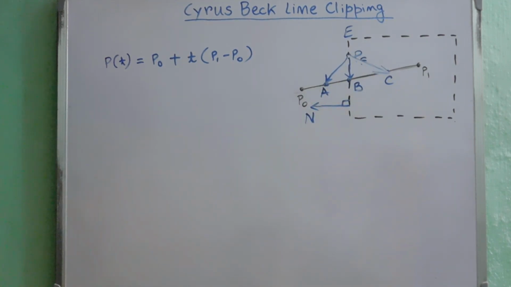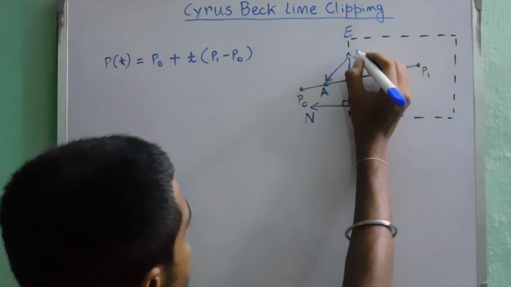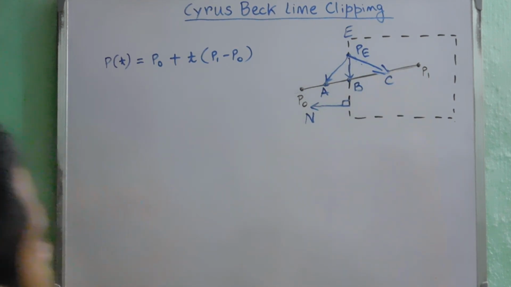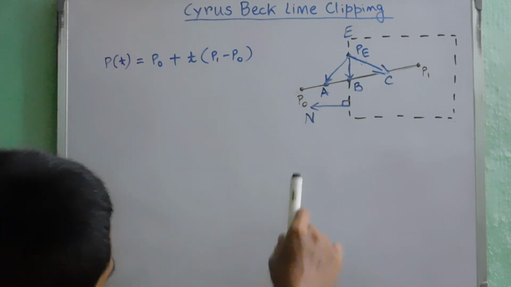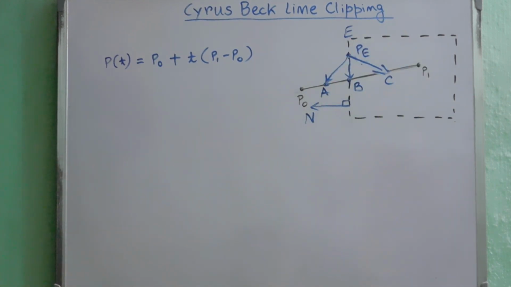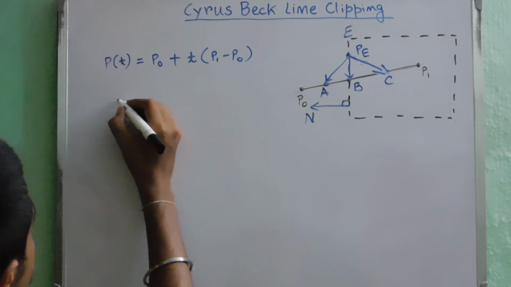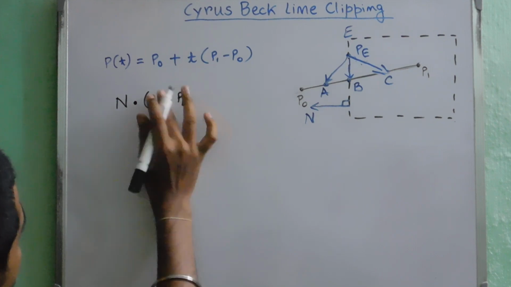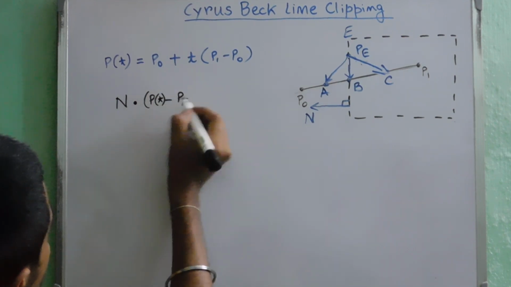So this is the point PE, and this is the vector from PE to C. Now we will perform the dot product operation between N and the distance vector, that is N · (P(t) - PE).